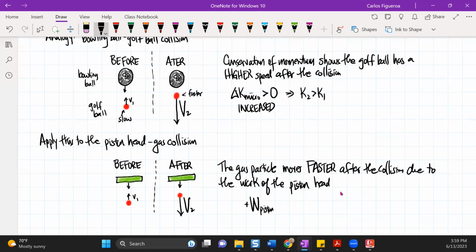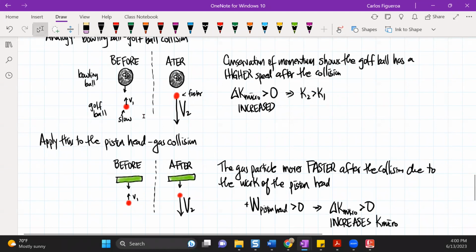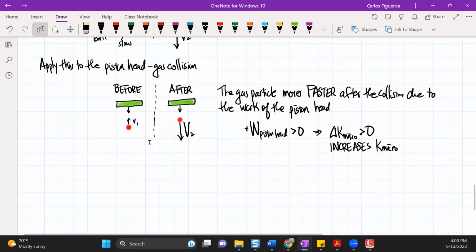Why? Because its displacement is in the same direction as the force that it applies. So this automatically makes it positive. Therefore, the change in microkinetic energy is also positive. In other words, it increases K micro, as expected. On the other hand, we have the situation where we have increasing volume.